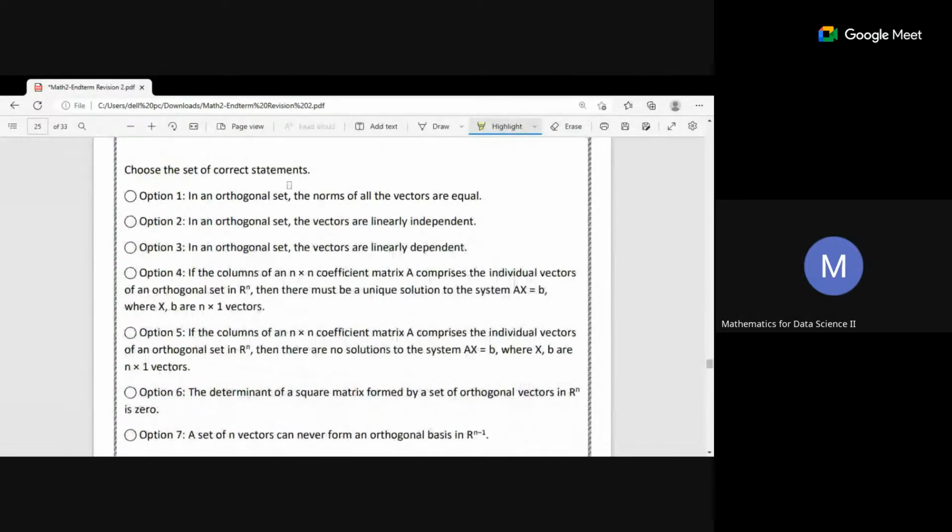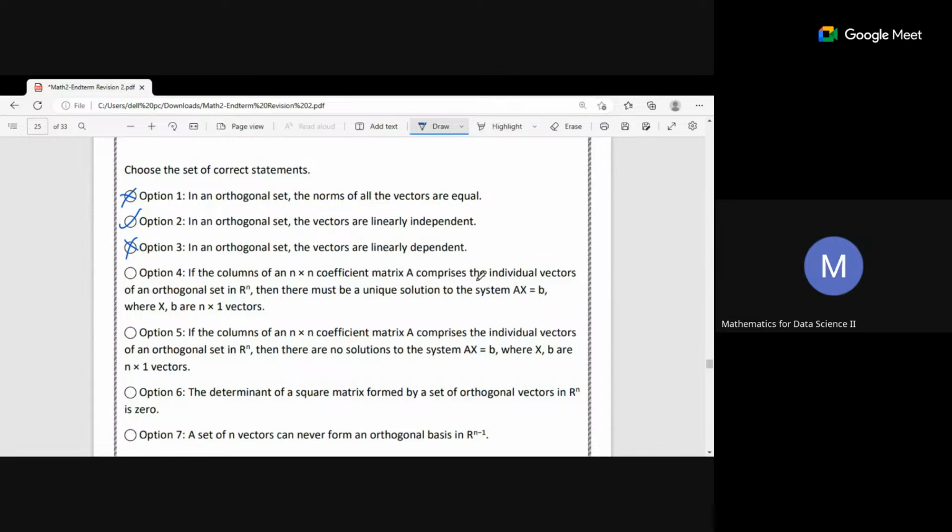Choose the set of correct statements. In an orthogonal set, the norms of all the vectors are equal. Is it correct? No, because only for an orthonormal set are they equal. And in an orthogonal set, the vectors are linearly independent. True.